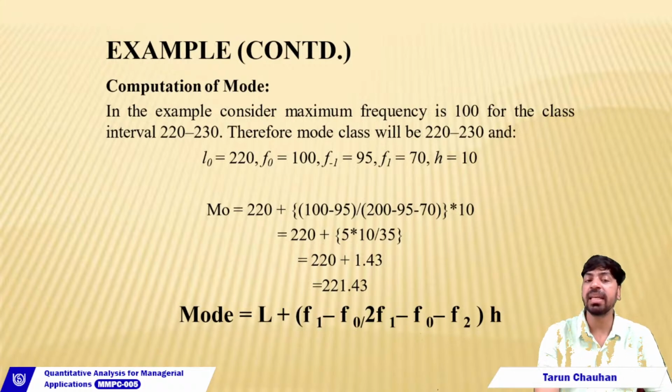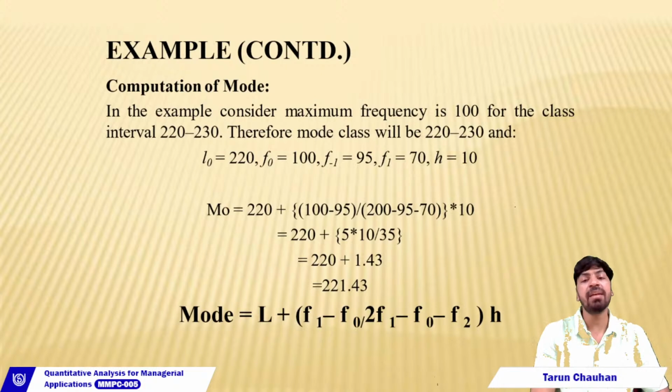I repeat once again, L is the lower limit, F1 minus F0. So F0 is the highest frequency. F1 is the frequency before the mode class.